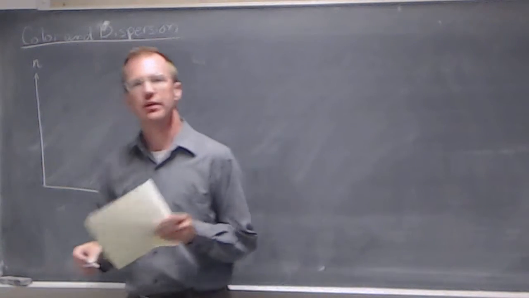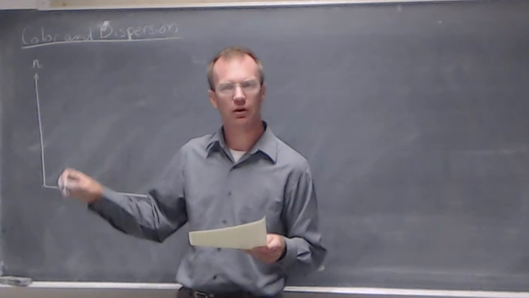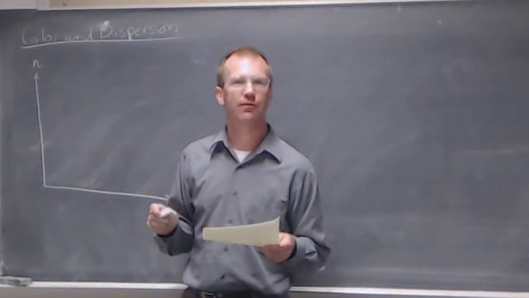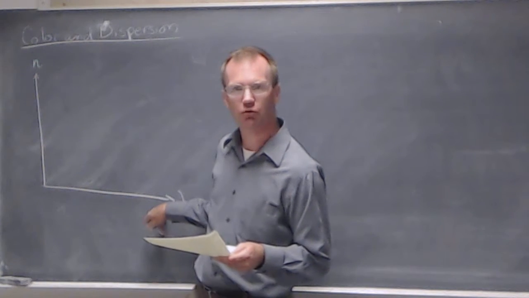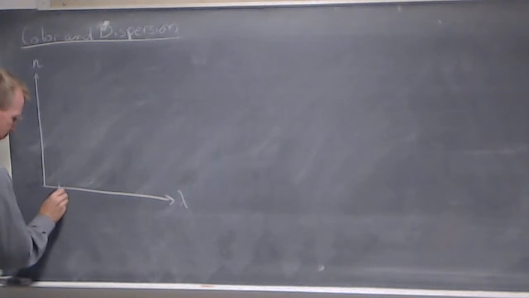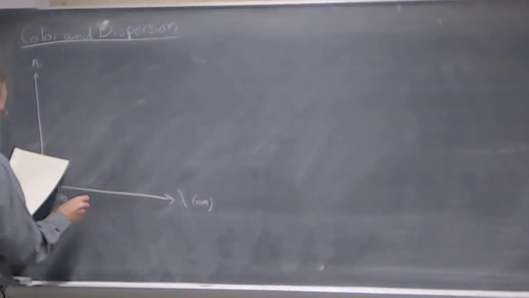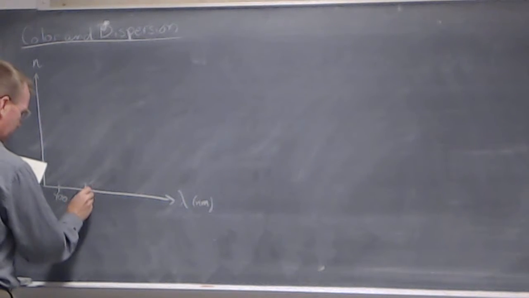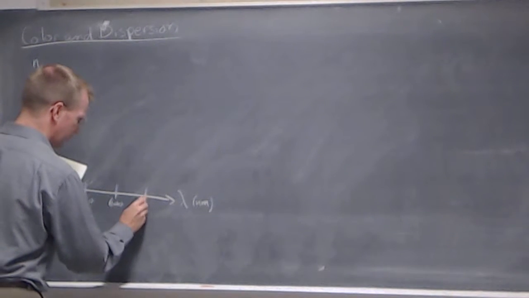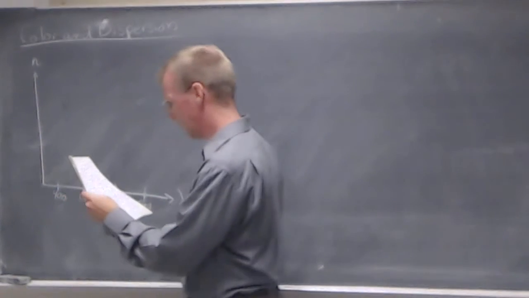The human eye can see colors of light that range from about 380 nanometers on the far edge of the violet down to about 750 nanometers on the long end on the red. So let me mark this from 400. This will all be in nanometers. 500, 600, 700, and then 750 will be out here.